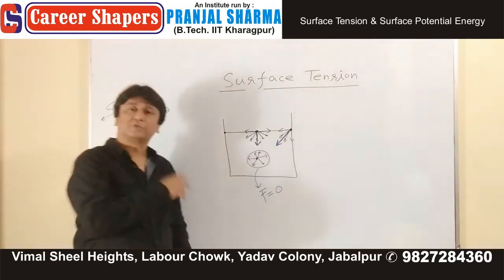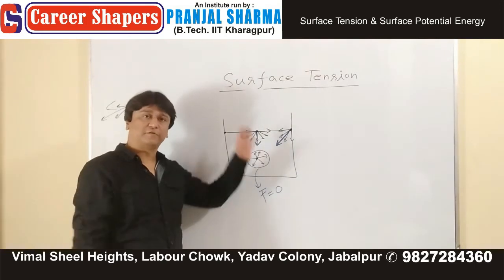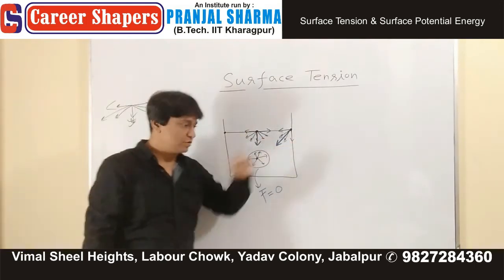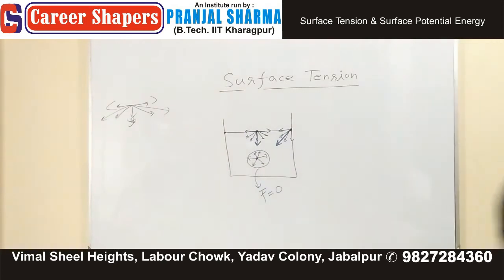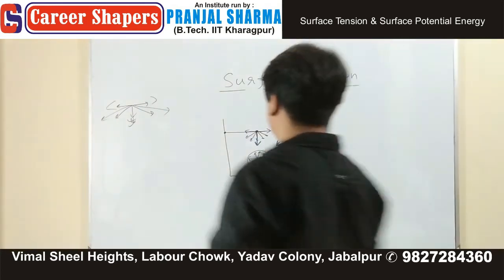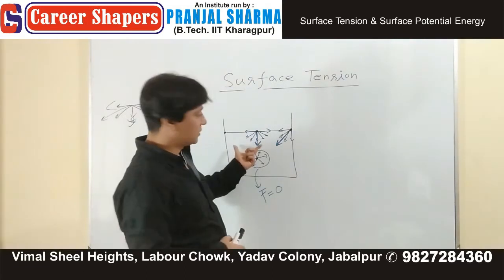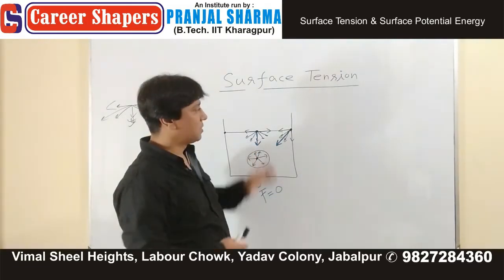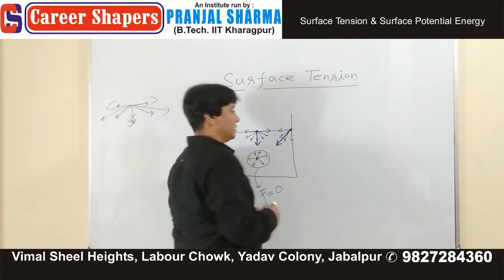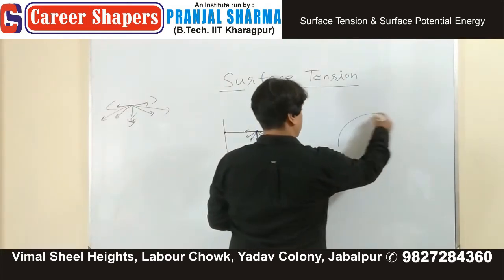Now, for this surface, how do we define surface tension? Look at this. What was observed, if you look at the cross-sectional area of this beaker, this is the cross-sectional area.